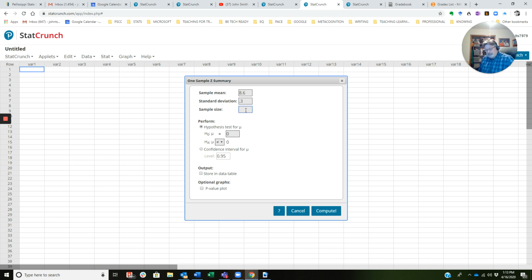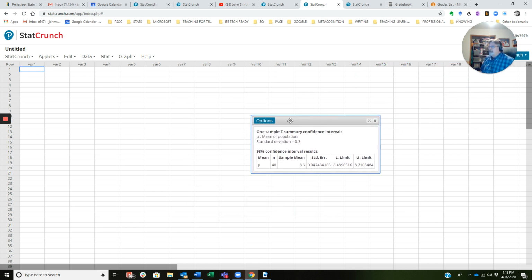I'm going to put my sample size of 40. We're going to be using these same tools in the next section on hypothesis testing. I want to do a confidence interval right now, and I want to do it for 98%. That's C. And when I click compute, you'll see over here I have a lower limit, and that's going to round to 8.49, rounded to two places, and an upper limit of 8.71.